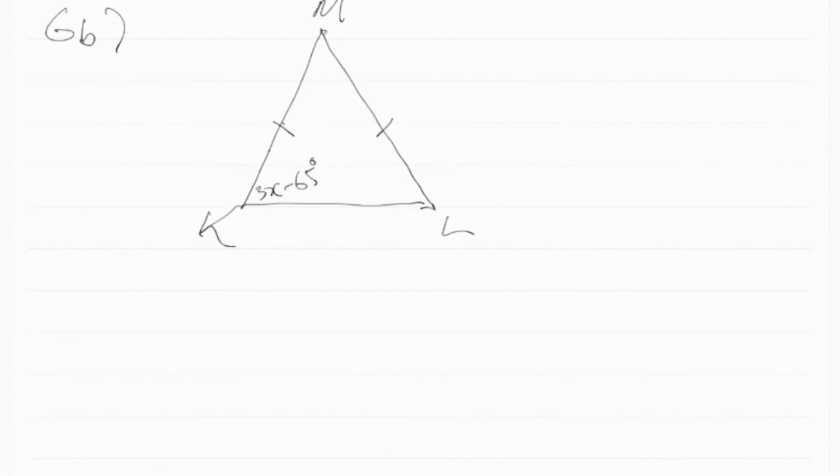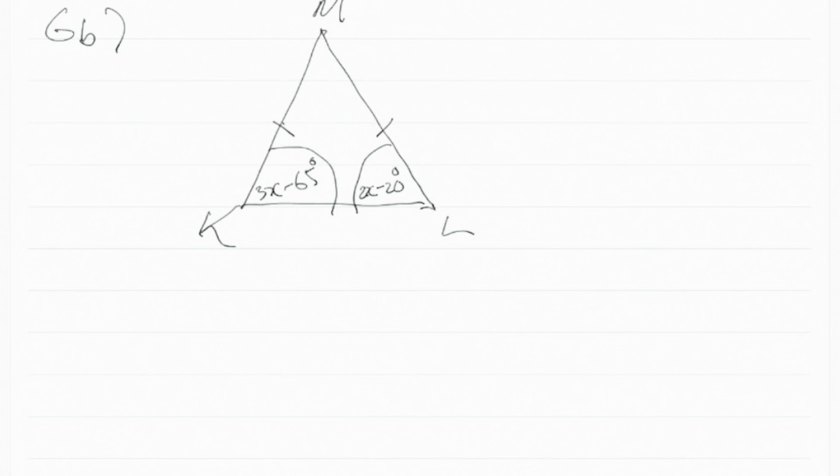And we are told that the angle MKL is equal to 3x minus 65 degrees. And the angle MLK is equal to 2x minus 20 degrees. Find the value of x.